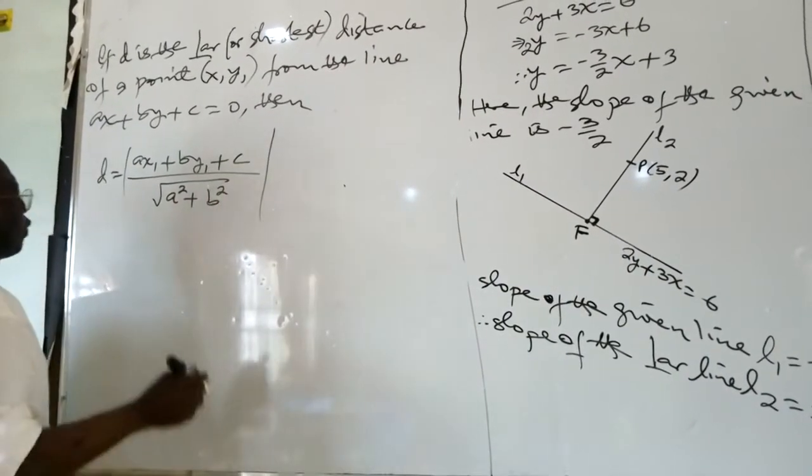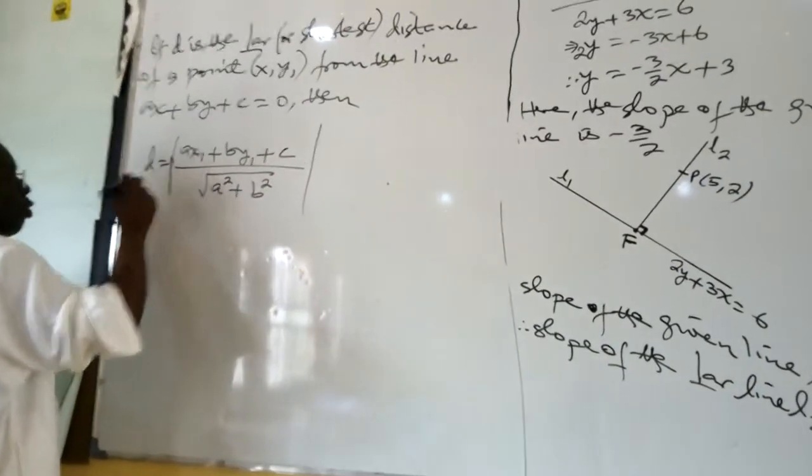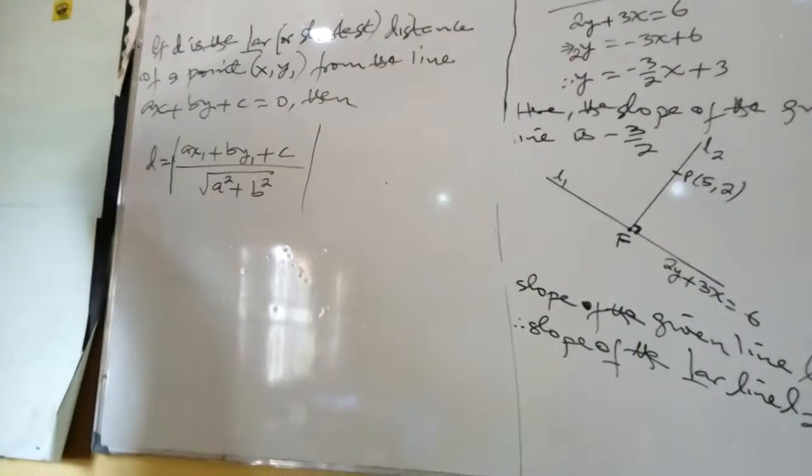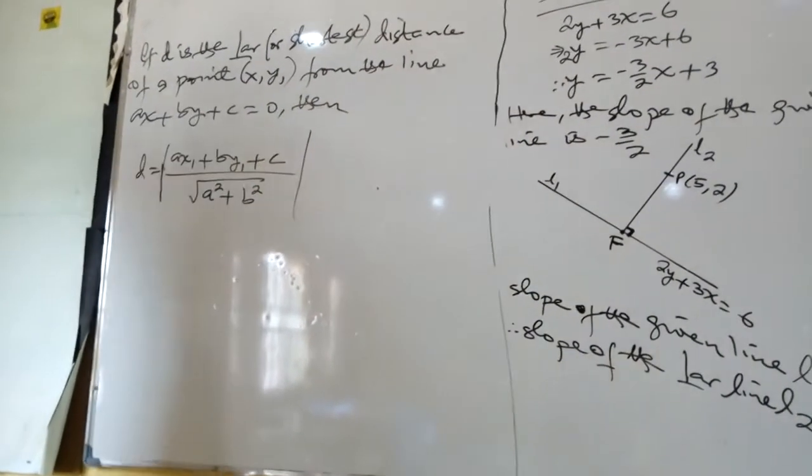This is the formula for calculating the shortest distance of a point from a given line.